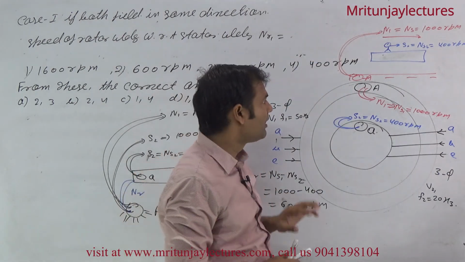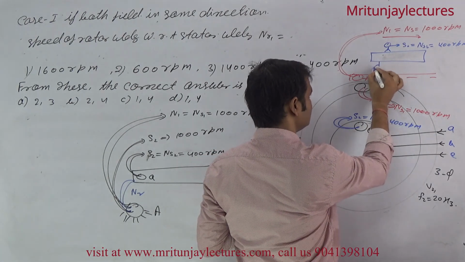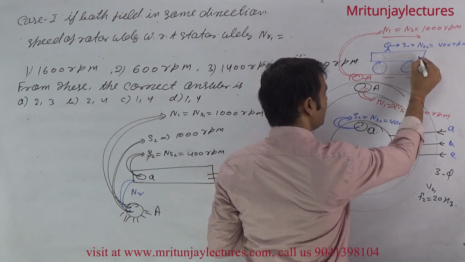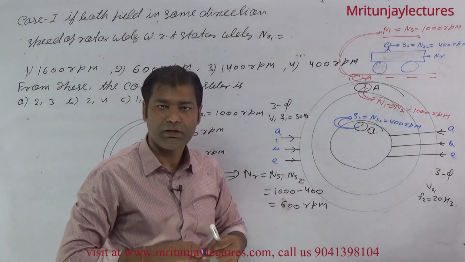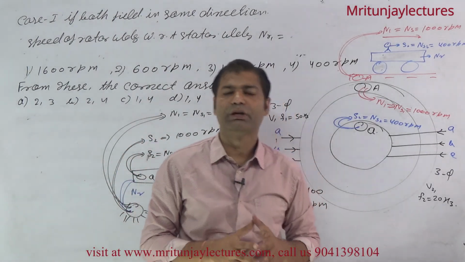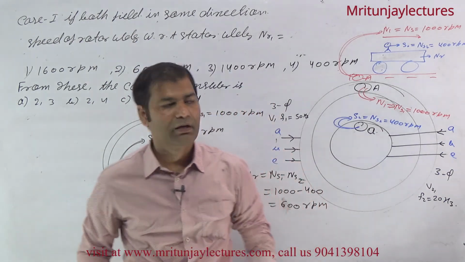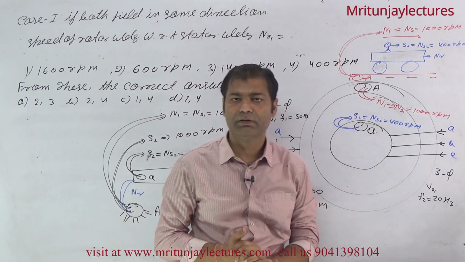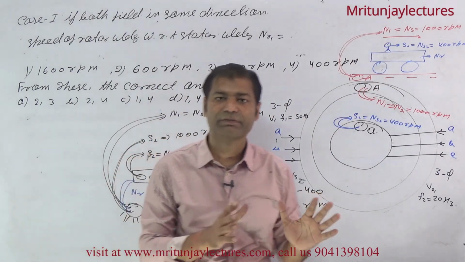If this is the train, NR is the rotor direction, first of all the direction of the train. If the train moves in this direction, S2 never catches up with the speed of the stator field.